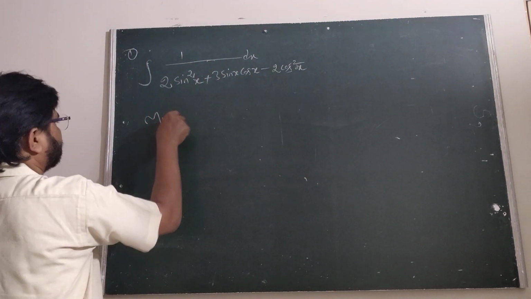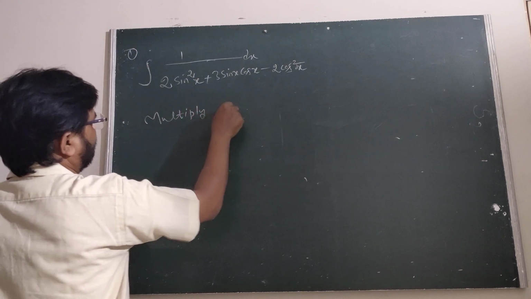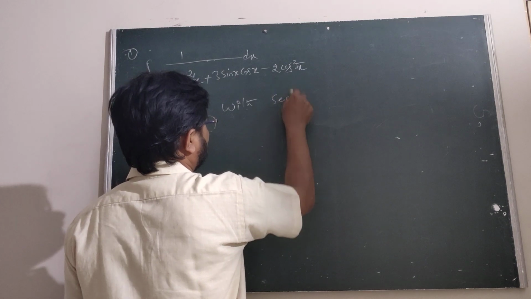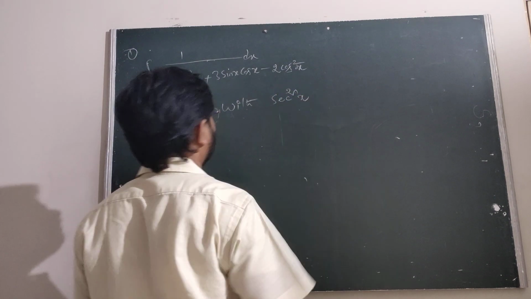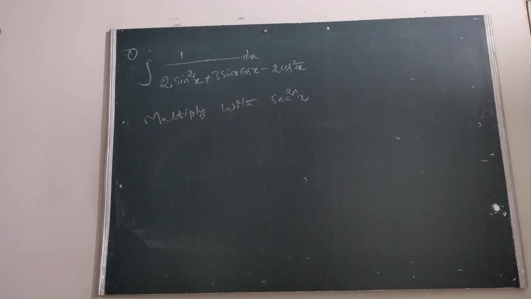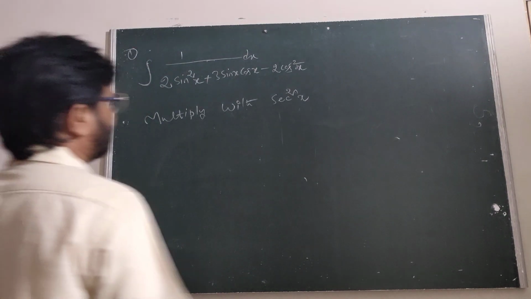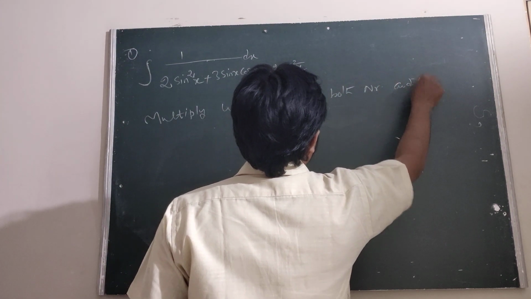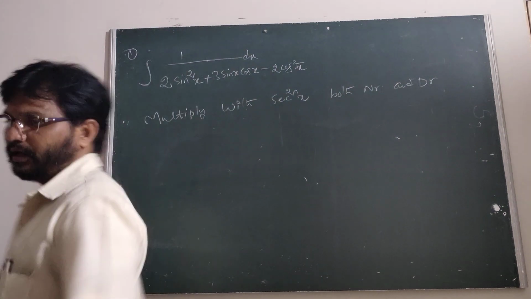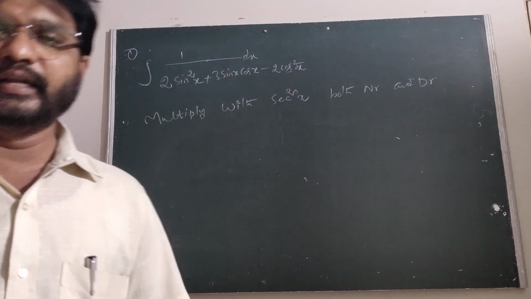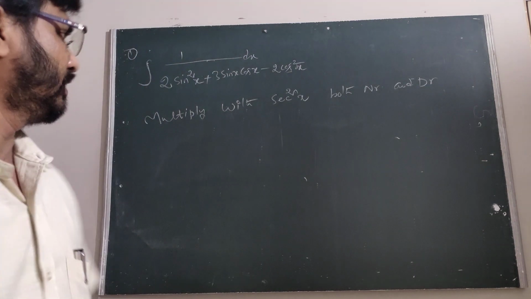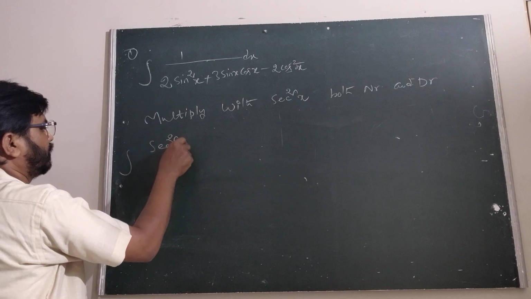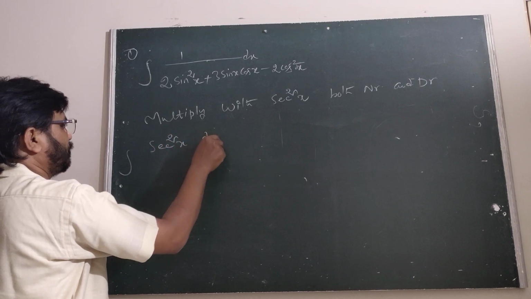Multiply both numerator and denominator with secant square x. Therefore now we are getting secant square x into dx.